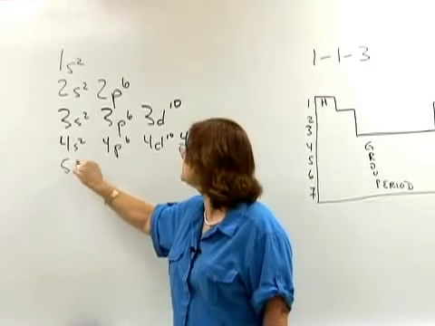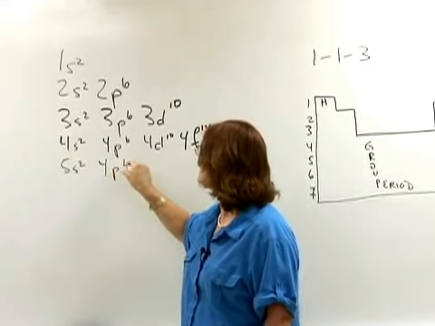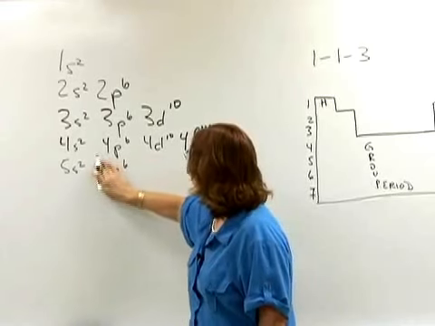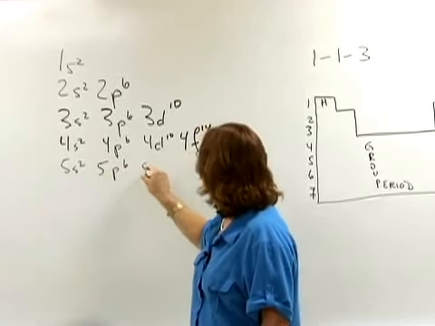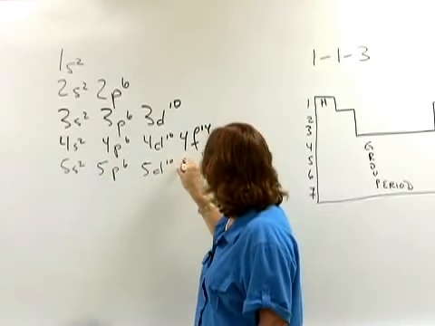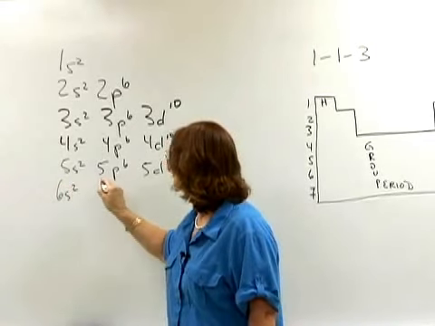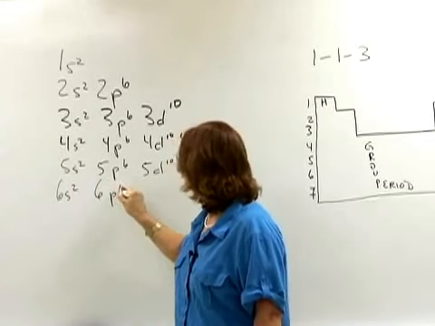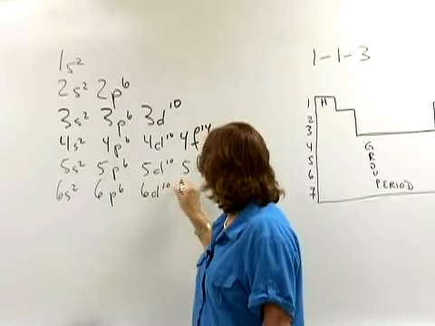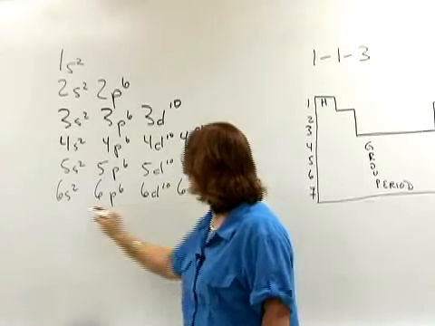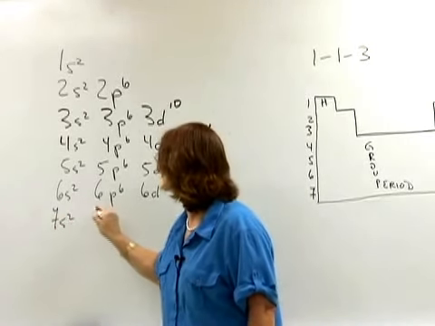So we have the 5th energy level that has the s, the p, the d, and the f. And then we have the 6th energy level, and the 7th energy level.